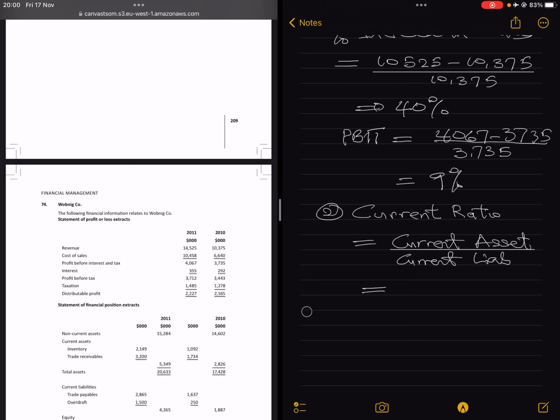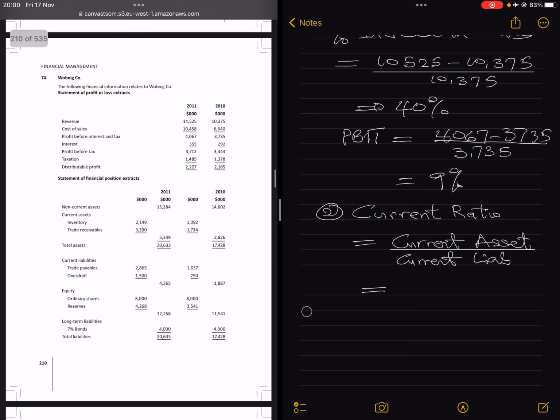Our current asset is 5349 and current liability is 4365.